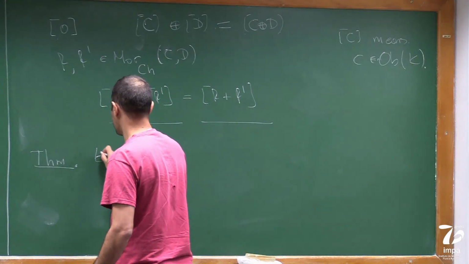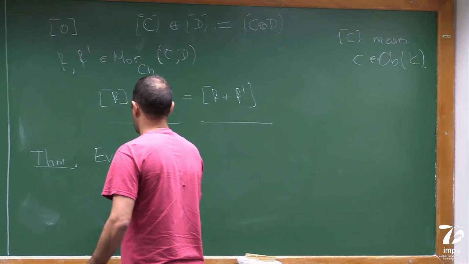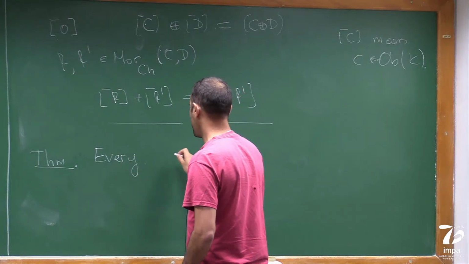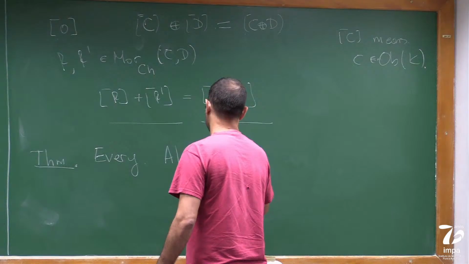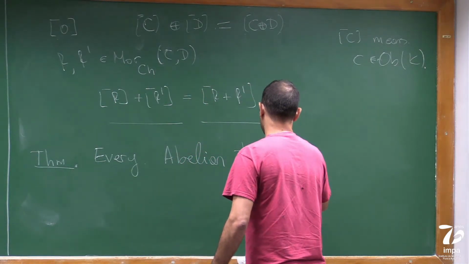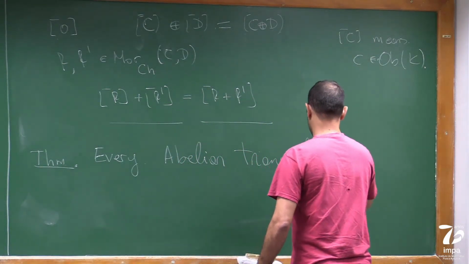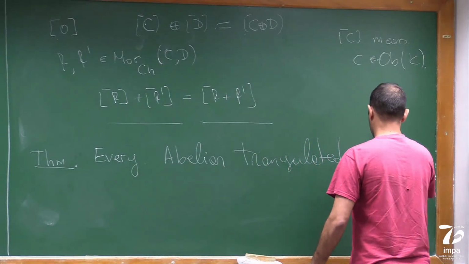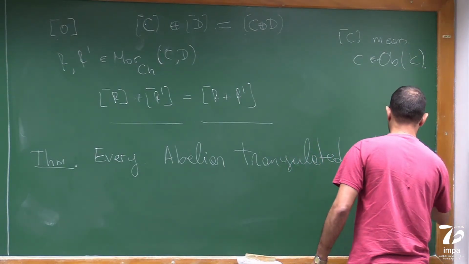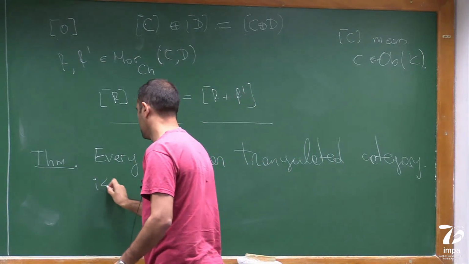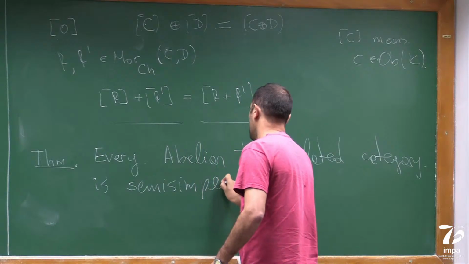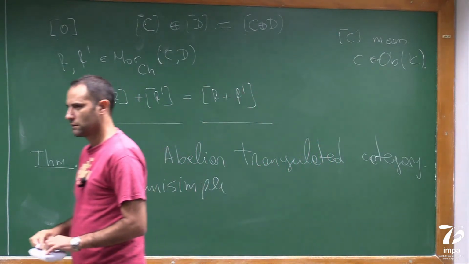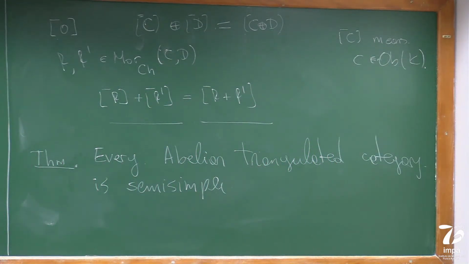Every abelian triangulated category is semi-simple. So this is just a lot of words that don't mean anything. Let's try to make them mean something.